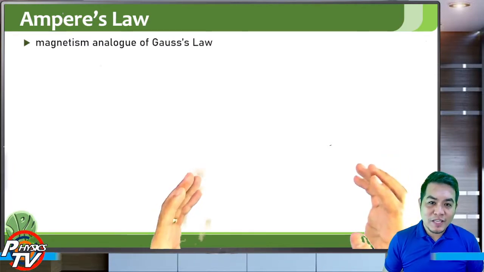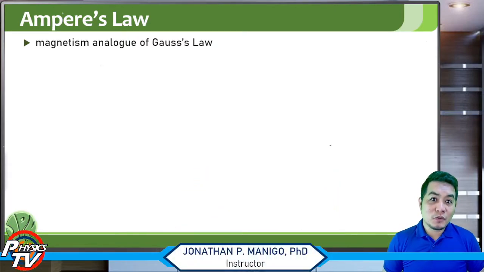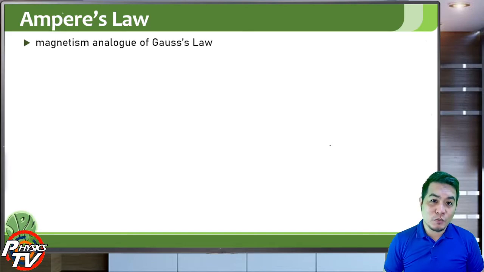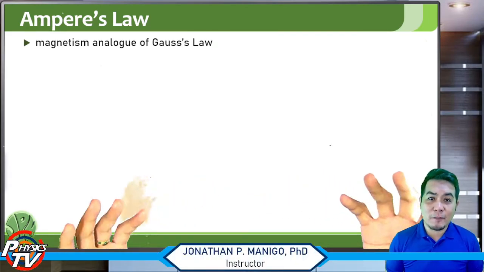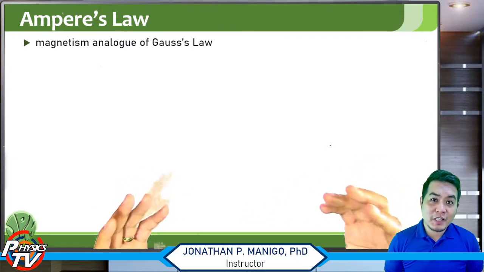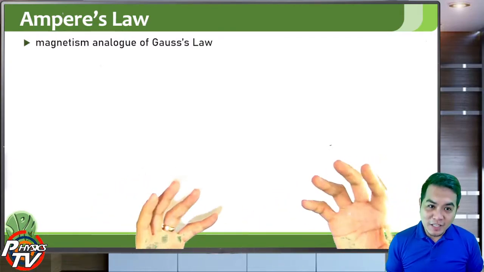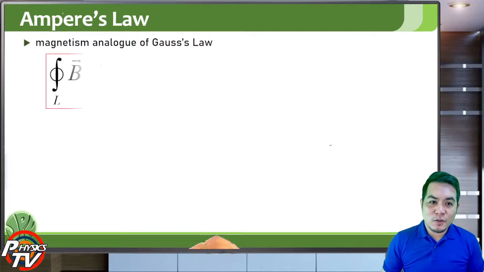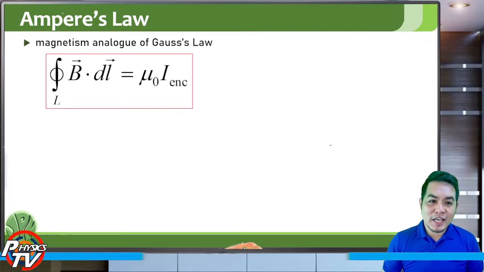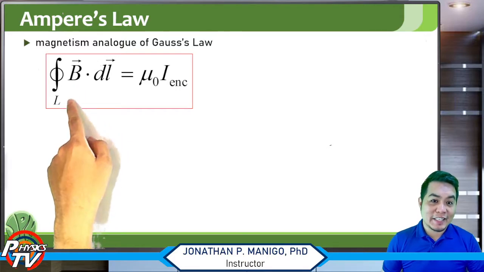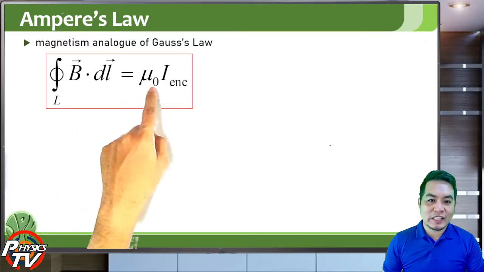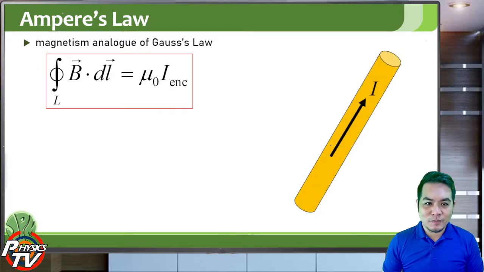If Gauss law is an alternative to Coulomb's law, since Coulomb's law is for discrete charge distributions and Gauss law is for continuous charge distributions, especially if the charges are distributed with symmetry, then Ampere's law is the same. But instead, we take the closed line integral of B dot dl, and this is equal to mu naught times the current enclosed.